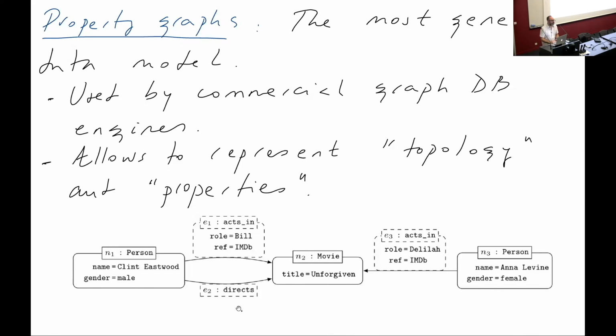For this reason, we say the model is semi-structured, because we don't force all edges to contain property value pairs. And actually, we don't even force all edges of the same label to have the same properties. Here in this example it appears to be the case, like these two have the same things, these two have the same things, but that's not forced.